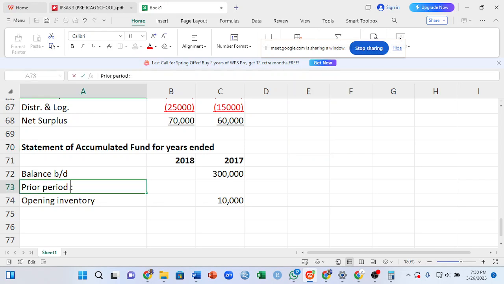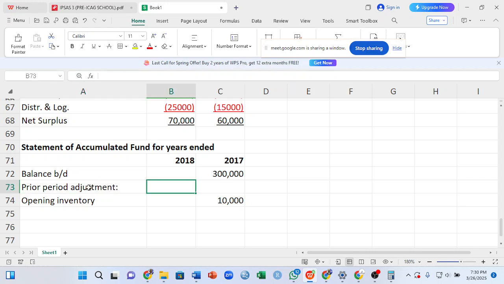It's an adjustment, actually. Opening inventory should have been recorded in 2017 but it was not recorded. What will have been the effect on 2017? Since we didn't record it, did it understate your profit or overstate your profits?